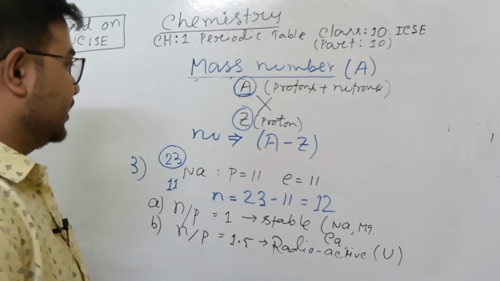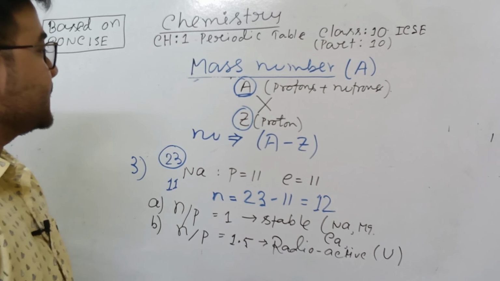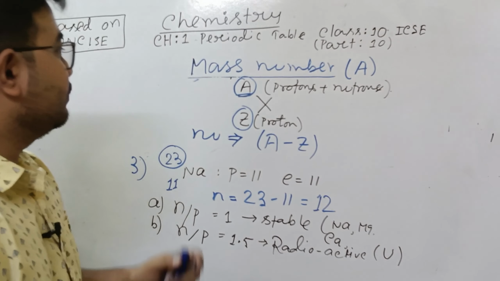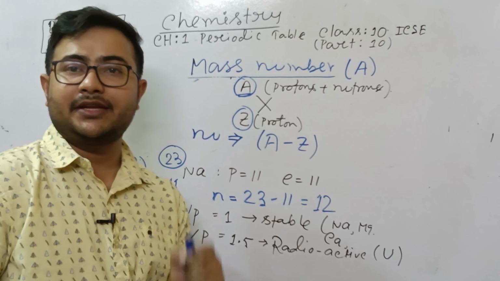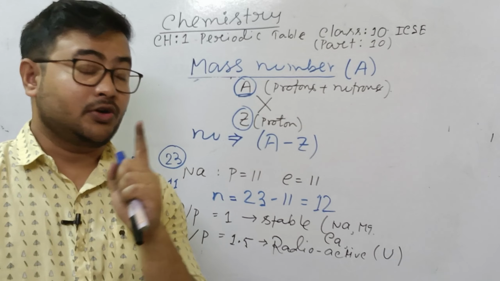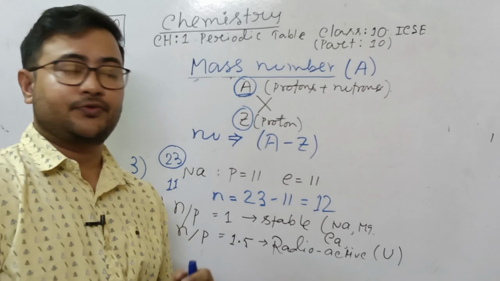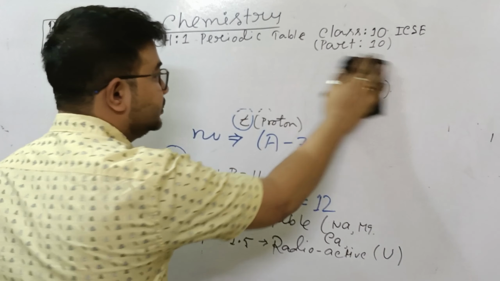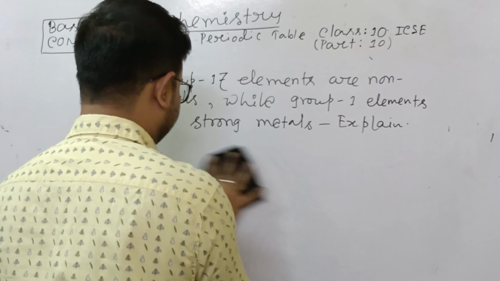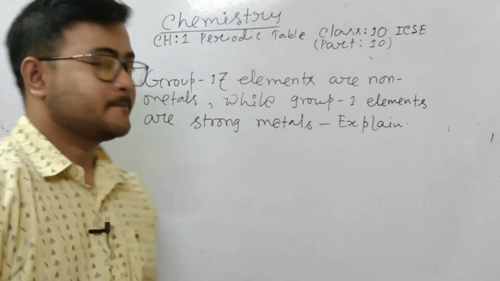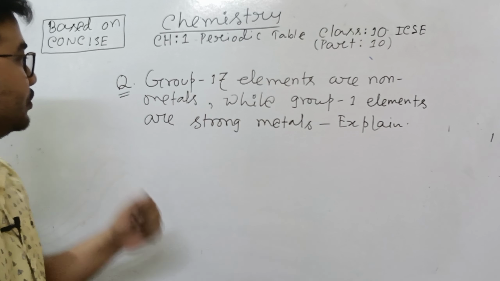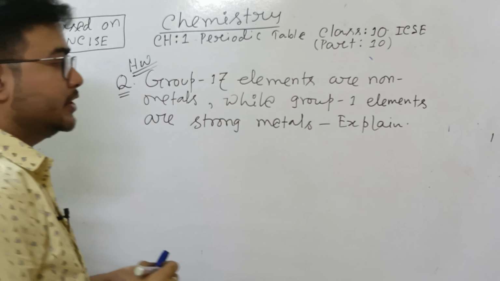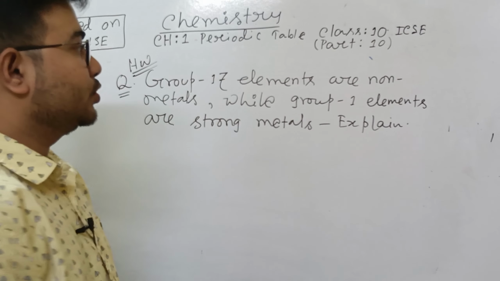Now today I will give one very important question, and not only important, it is a common question for your ICSE board. So try to note down the question. This is our homework, a very important question for our board.